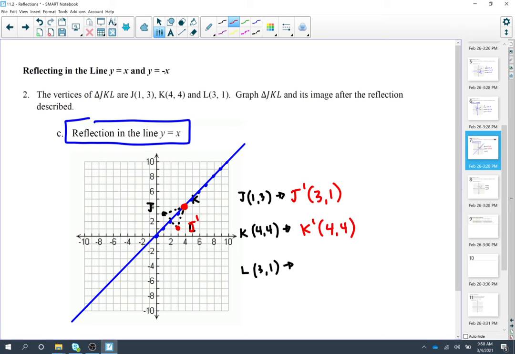And then L prime, which was down here, was one box away, so he's going to reflect up to here. So L prime is now going to be at 1, 3. And our new figure is still going to be in the same place as our old figure, but it's just kind of like flipped over. So K is the same point, but J and L flip-flopped.